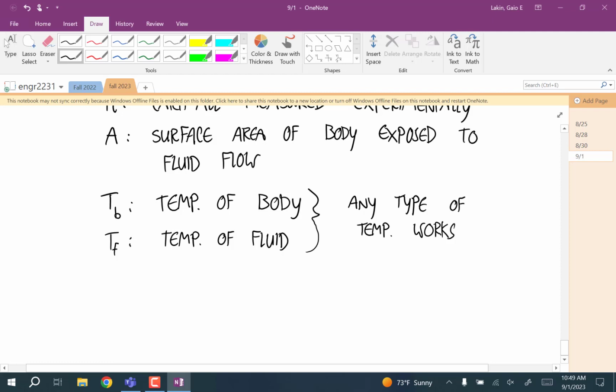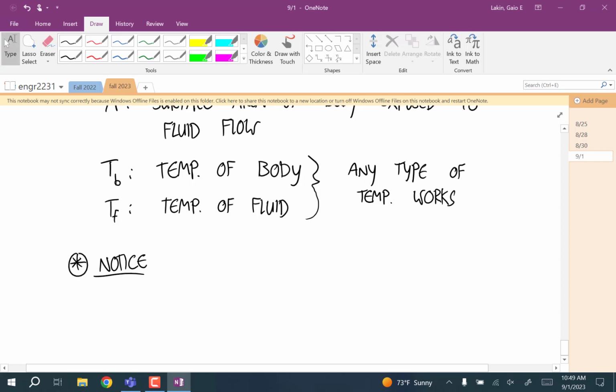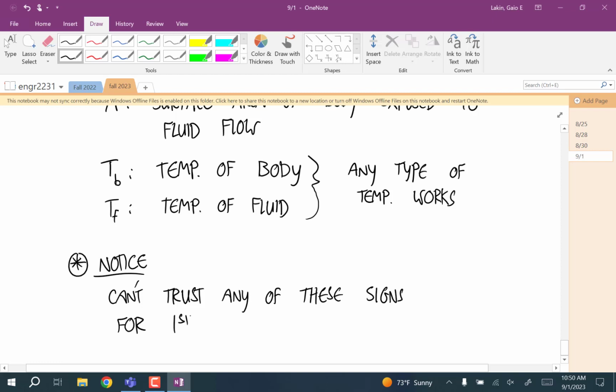Okay, so the main thing to notice, I mentioned this before when we were talking about conduction, is you can't trust any of these signs for the first law of thermodynamics. You have to come up with your answer, and then from there evaluate whether heat is entering or leaving your system.